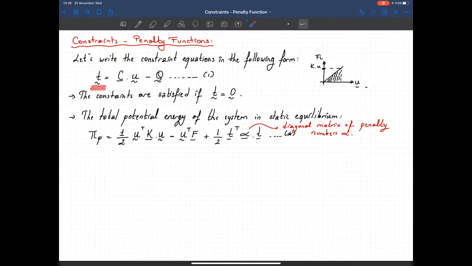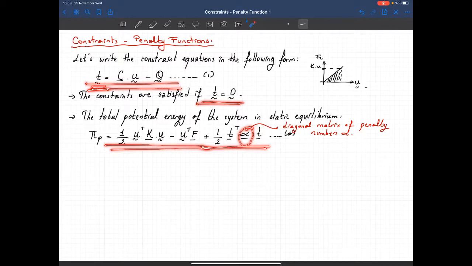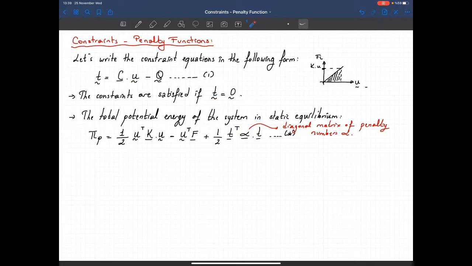Now, if these constraint equations are satisfied, T would be equal to 0, and I wasn't adding any additional energy to that system. If you don't satisfy it, and I put a big number here, I will penalize not satisfying this equation by adding additional energy to the system, or by disturbing the equilibrium condition. All right, so let's write it down.